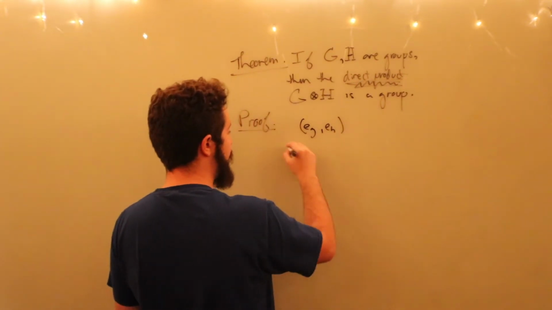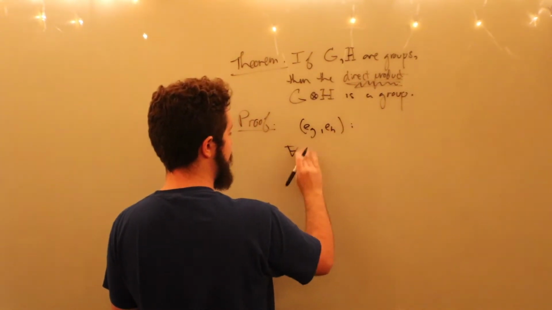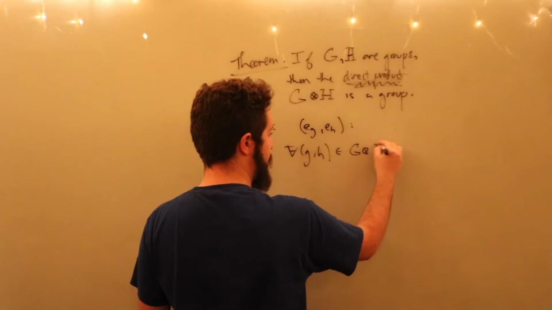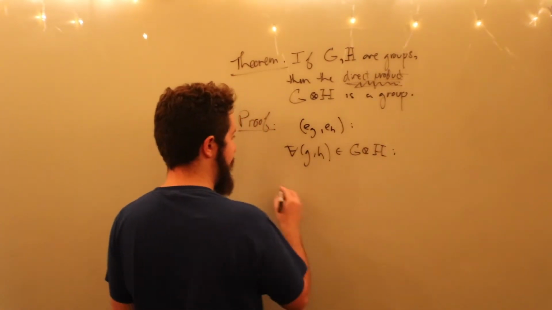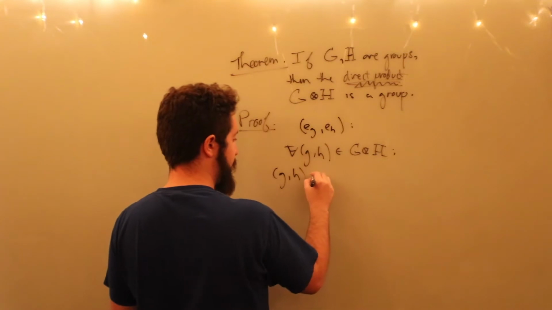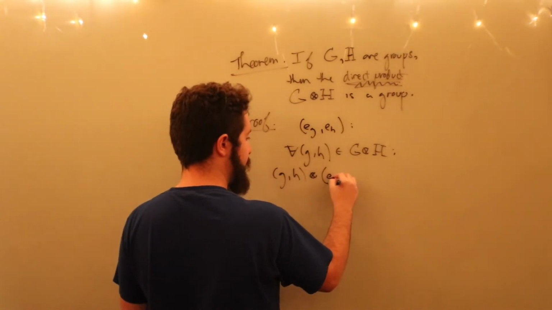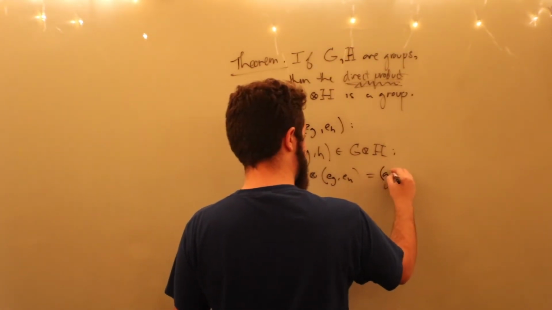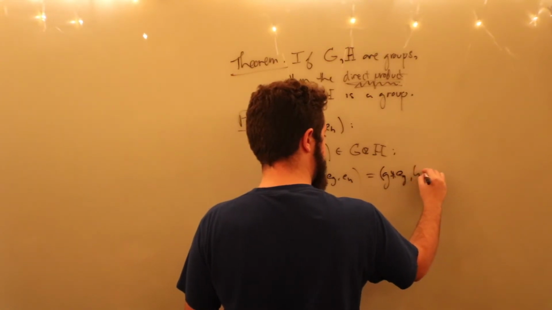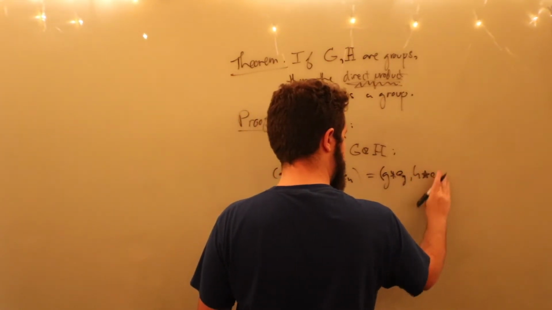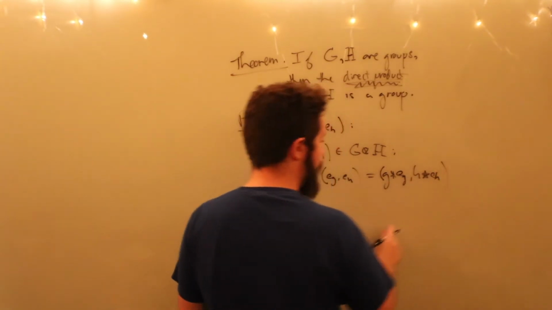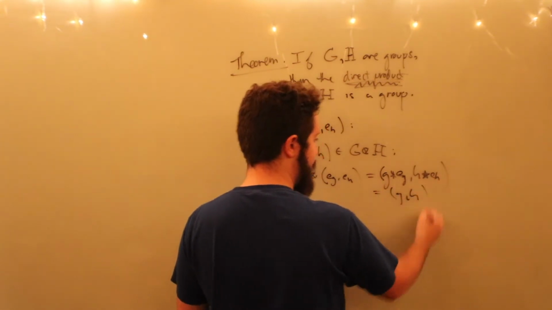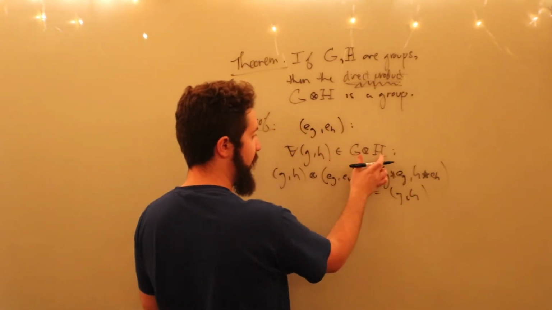For all pairs (G, H) in the direct product G cross H, we're going to have that (G, H) times (E sub G, E sub H) is equal to (G star E sub G, H star E sub H). But we know that this is just, pairwise, equal to (G, H), because G is a group and H is a group.